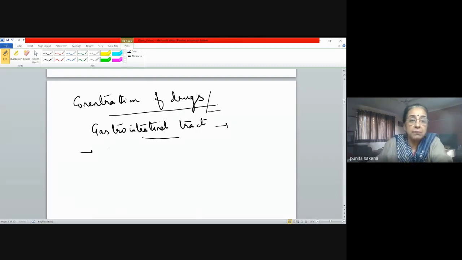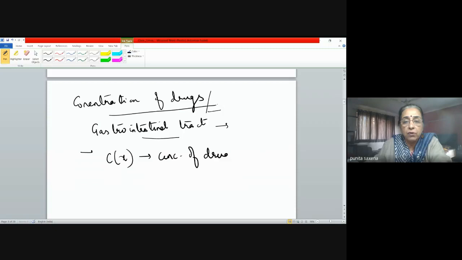So basically we frame a function C(t) which talks of the concentration of the drug in the body, as a function of time. So as time elapses, this C(t) has to decrease.